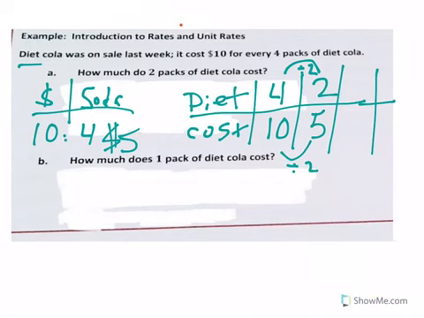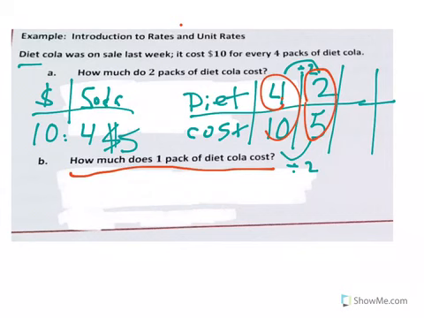Okay, next question asks, how much does 1 pack of Diet Cola cost? Well, we know 4 is $10. 2 packs would be $5. So now I'm going to use that same chart, and I'm going to make that 1 pack, and we want to figure out how much this would be. Well, we divided by 2 here. From 2 to 1, we're also going to have to divide by 2, right? That's our constant. 2 divided by 2 is 1.